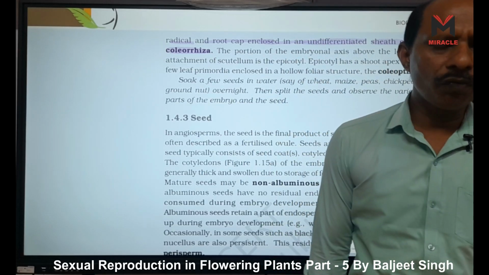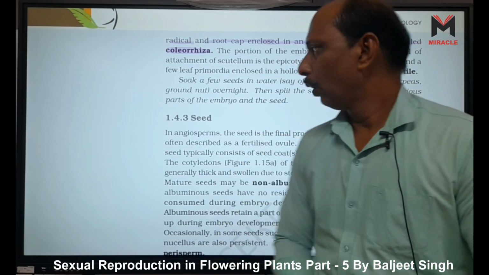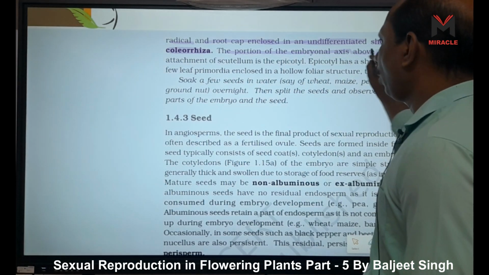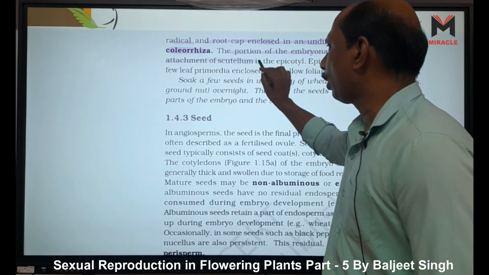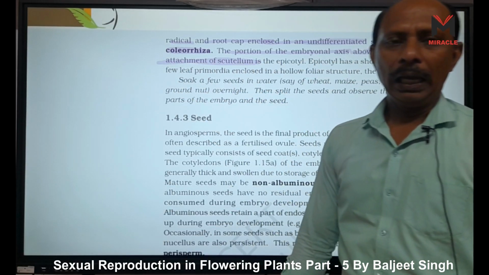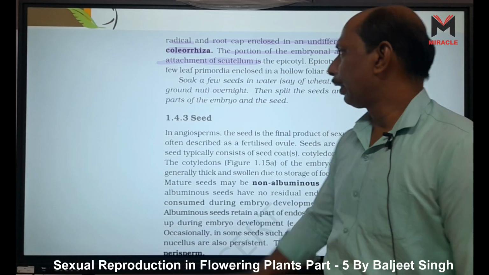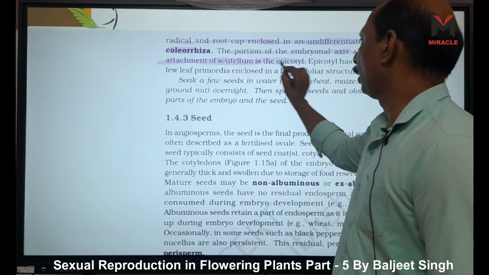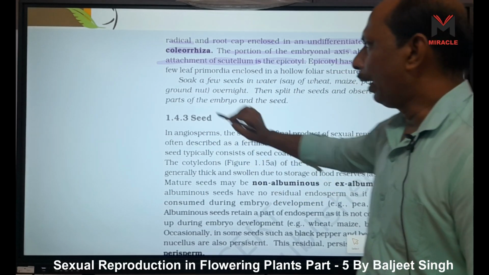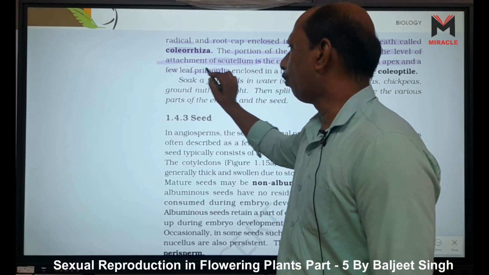Rhiza comes from root, right? The portion of the embryonal axis above the level of attachment of the scutellum, above the level of the cotyledon, is called the epicotyl, and the epicotyl has a shoot apex and a few leaf primordia.